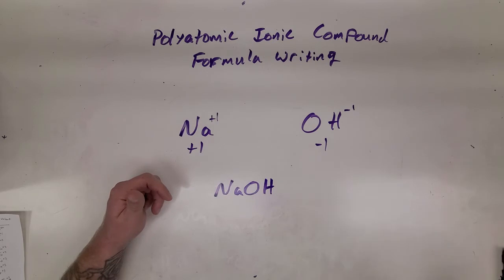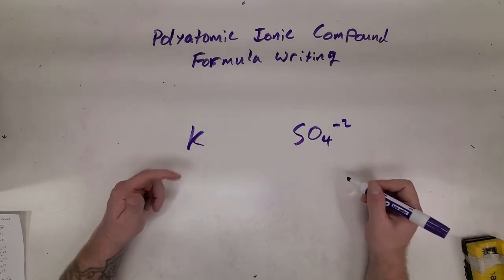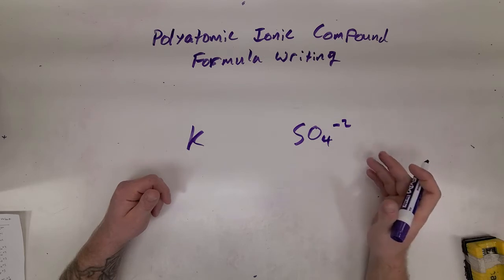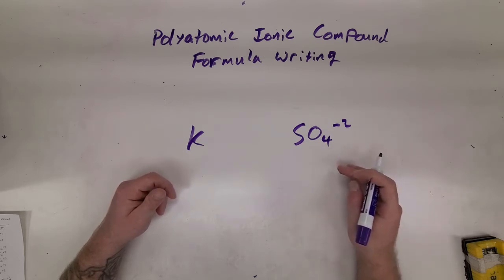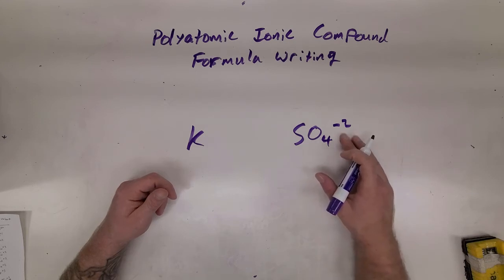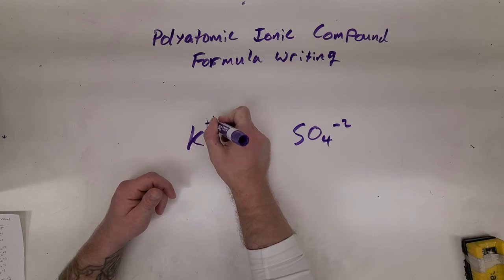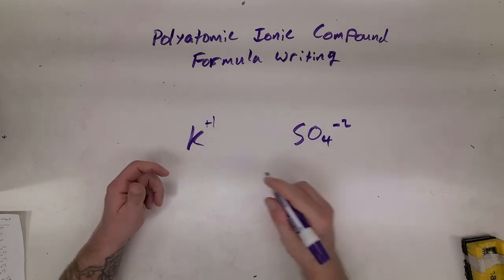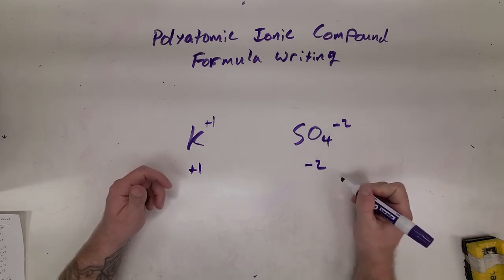Let's take a look at another example. Another example would be potassium and sulfate combining together. Sulfate consists of sulfur and 4 oxygens, and they combine to have a -2 charge when they become an ion. Potassium, still in the same row as sodium, has a +1 charge. We'll write that down: +1, -2.